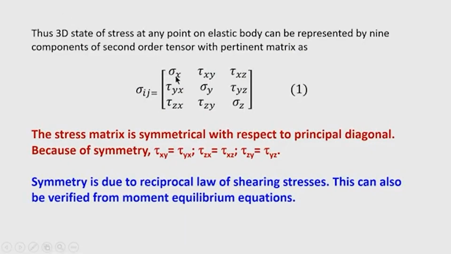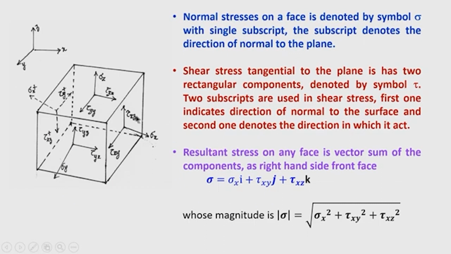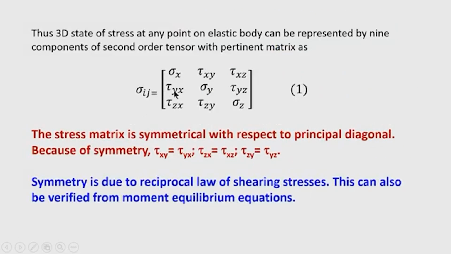One is sigma x, the normal stress; tau xy and tau xz are the shear stresses acting on the plane that we have seen, which is parallel to the y z plane. Next, tau yx, sigma y, tau yz, then tau zx, tau zy and sigma z.